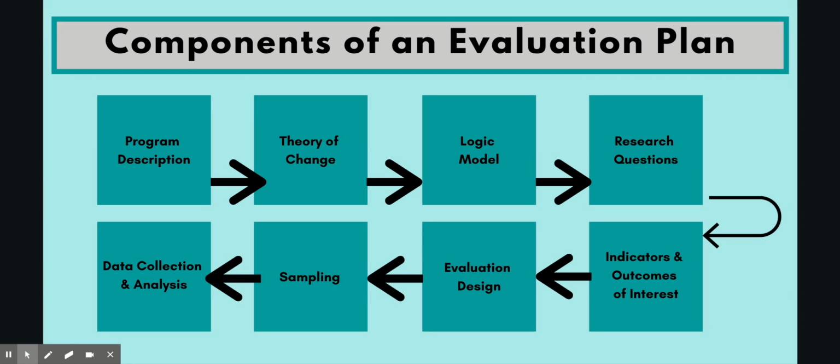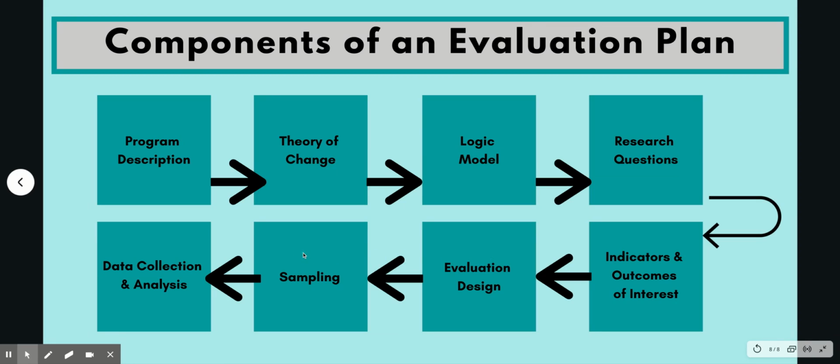And these outcomes should help you to answer your research questions. Next, you will discuss your evaluation design. This refers to what type of research design, whether it be pre-experimental, quasi-experimental, or a true experimental design.